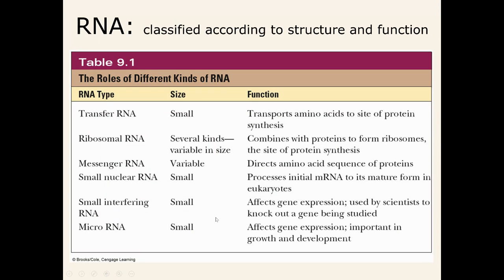Different kinds of RNA: transfer RNA, I would know as the RNA that transports amino acids for protein synthesis. Ribosomal RNA, rRNA, forms ribosomes, which is where protein synthesis happens. And messenger RNA is the code that's transcribed from DNA that gives us which amino acid sequence we want. Those are the three that I need you to know off of this slide.